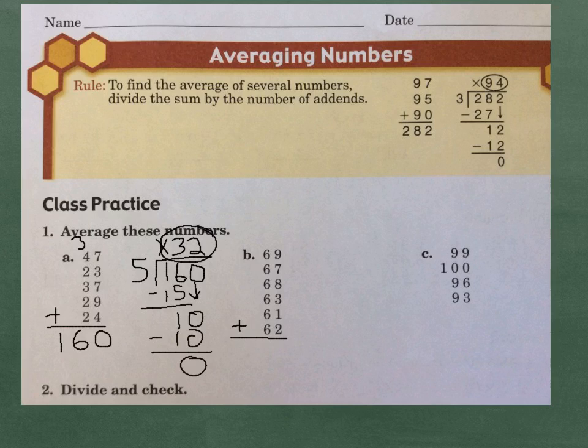Plus 2 more would be 30. Okay, 3 plus 6 would be 9. Plus 6 more would be 15. Plus 6 more would be 21. Plus 6 more would be 27. Plus 6 more would be 33. And plus 6 more would be 39.